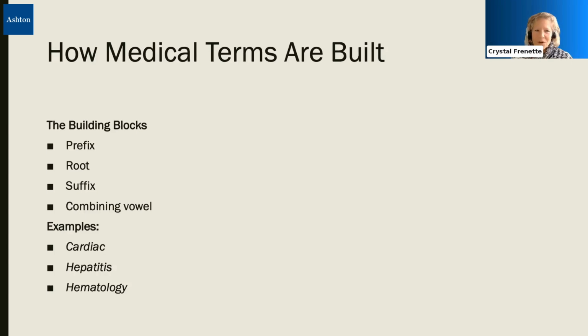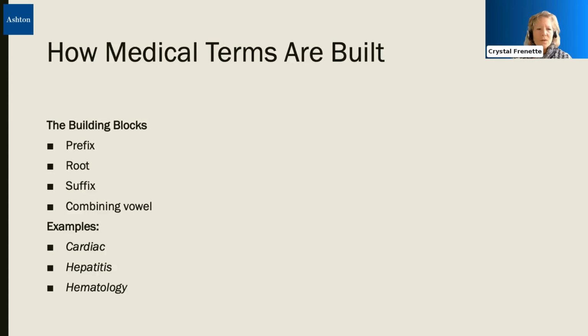We know what prefixes are: the root word, the part of the word that gives the word meaning, and then the suffix. So the suffix gives it context, and sometimes the prefix makes a change to that word as well. But we always have that root word, the word that gives the word meaning, a suffix, and sometimes a prefix as well. And sometimes we have a combining vowel. I'm not going to get too much into combining vowels today, but they just make it more easily spoken and referred to. So that's all the combining vowel does.